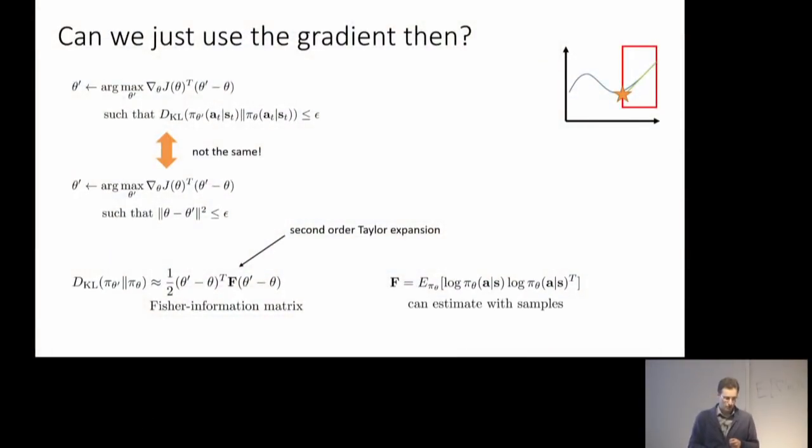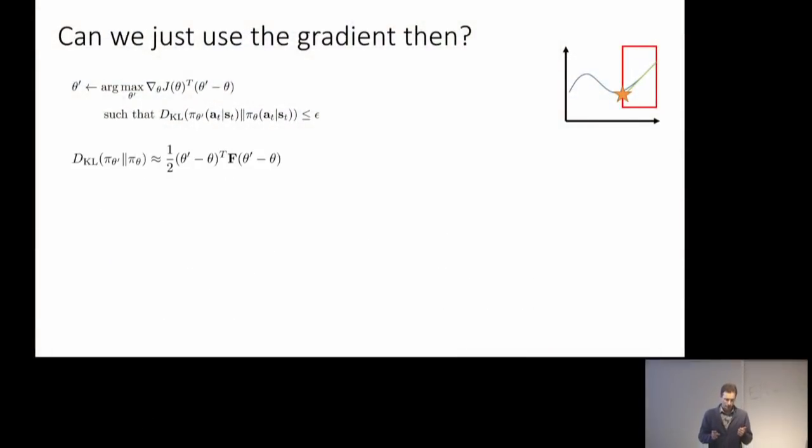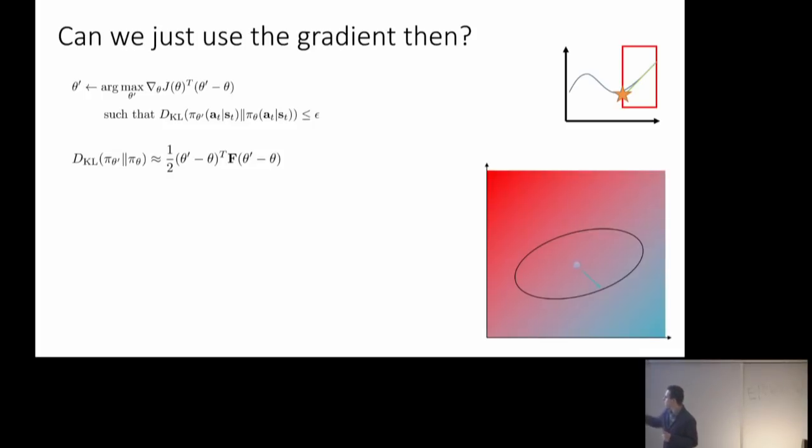Okay, so now we're going to use this approximation. We'll plug it in place of this thing. And this is still a quadratic constraint, which means that if we want to represent what it's doing visually, it's still some kind of ellipse in parameter space. It's just that now it's not a circle.